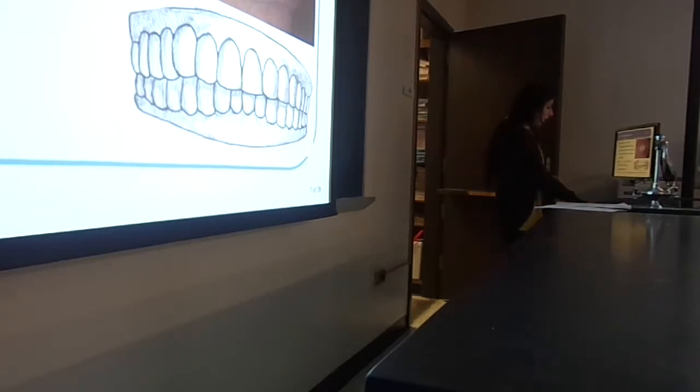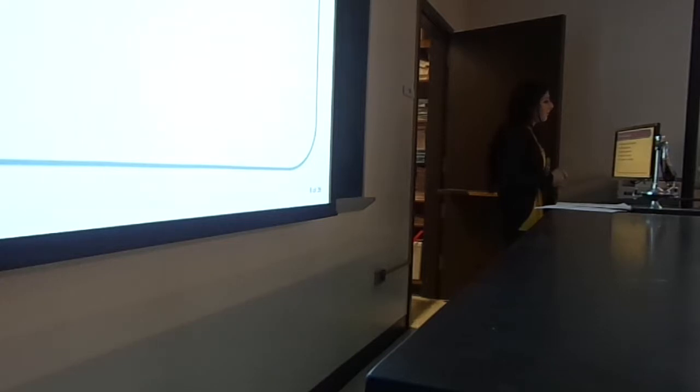Now, why is it important? It's important to have centric occlusion. There are other names for centric occlusion. It's also known as maximum intercuspation. They might refer to it as habitual position, or intercuspal position.